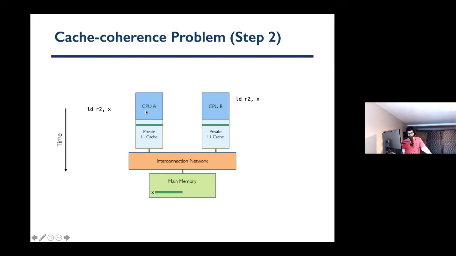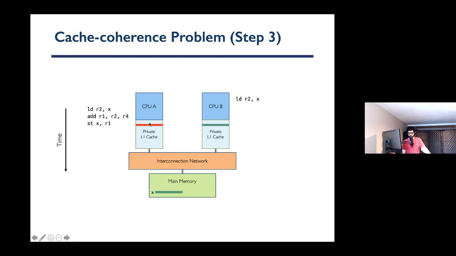Now let's say thread A wants to modify this. So let's say thread A executes an add instruction, adds this data to R4 and stores it in R1. And then let's say it stores R1 to X. What happens usually depends on how the writes are being done.